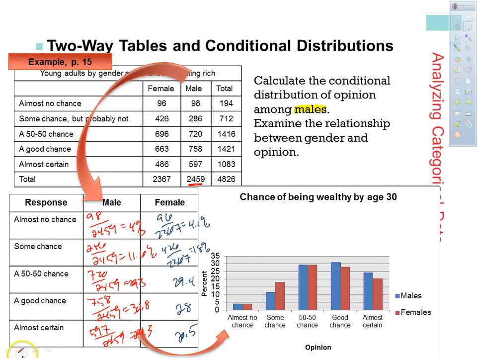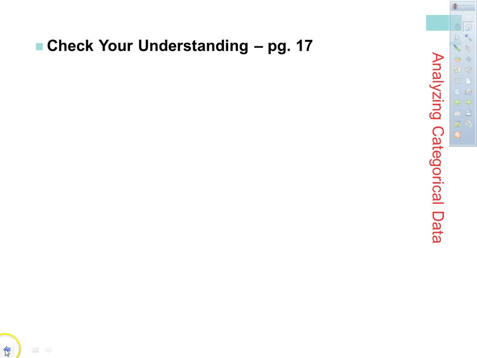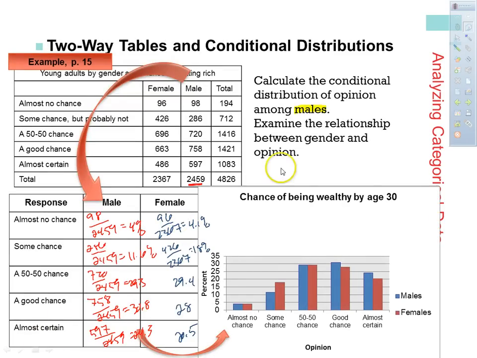Now, I think I took out of here, yeah, I did, the segmented bar graph. And so let's take a quick look at that. Okay, and so what you're going to do is create a single bar for all 5 of these opinions, but then it's going to be segmented.